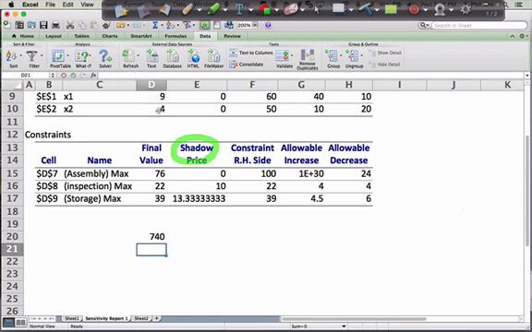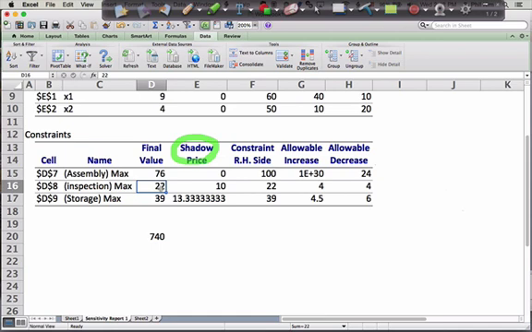This is my total profit, 740. But what if I increase inspection by 1 hour? Currently I have only 22 hours available. But what if I increase it so that it becomes 23 hours of inspection available?